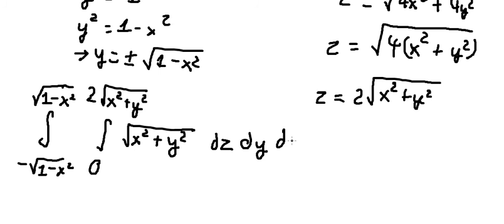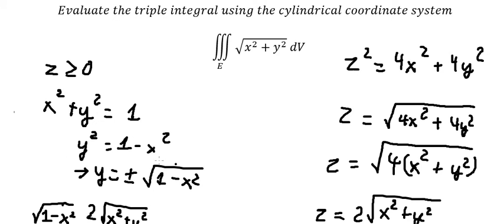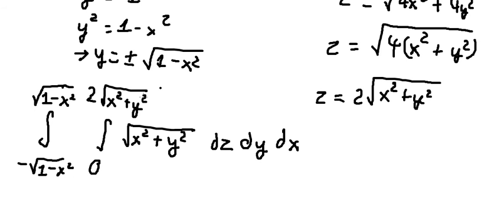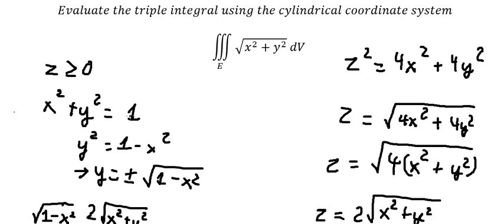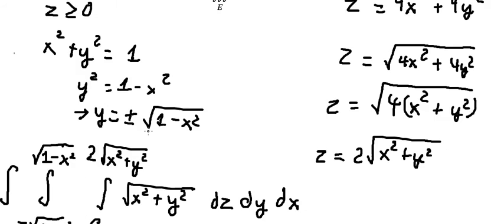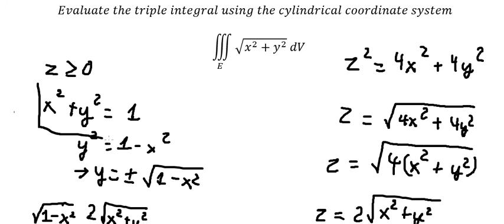And the last one is x. So when we have the circle here, that is 1. We draw this circle here.